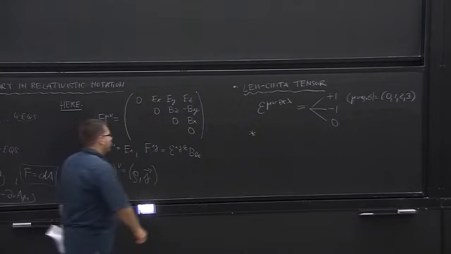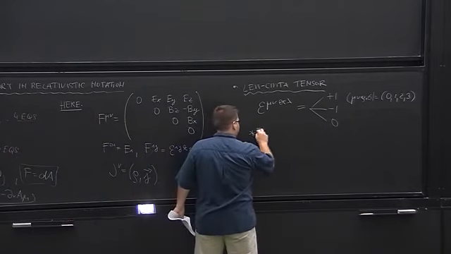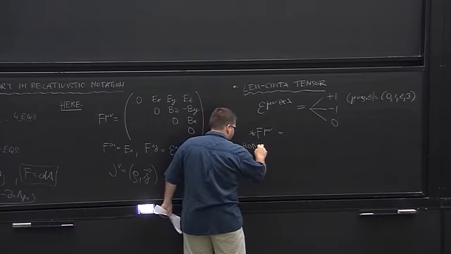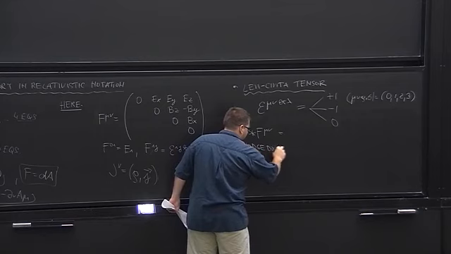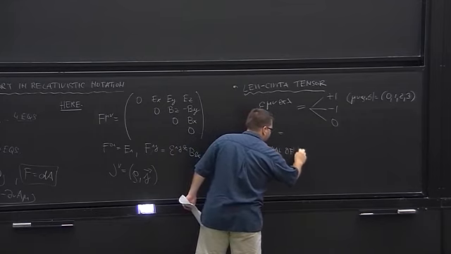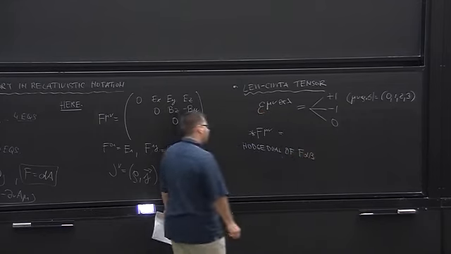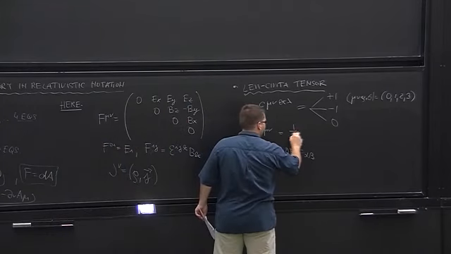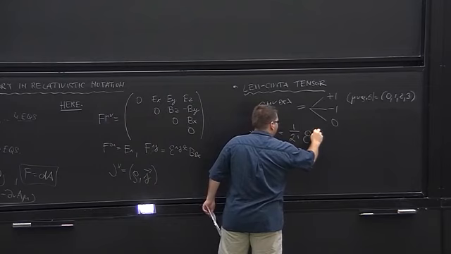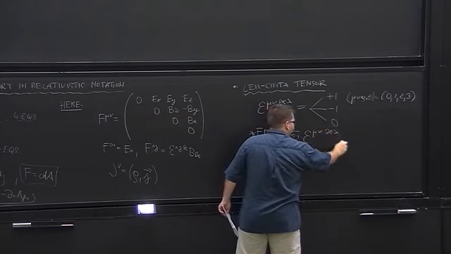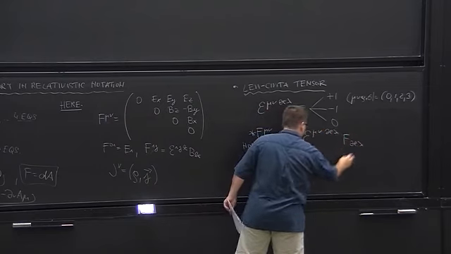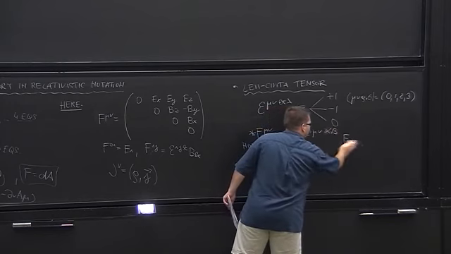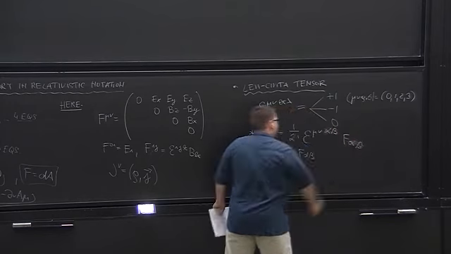And so let me do it just for this tensor f mu nu. You say that this is the Hodge dual of f alpha beta, and you define it to be 1 over 2 factorial, and then epsilon mu nu alpha beta f alpha beta.